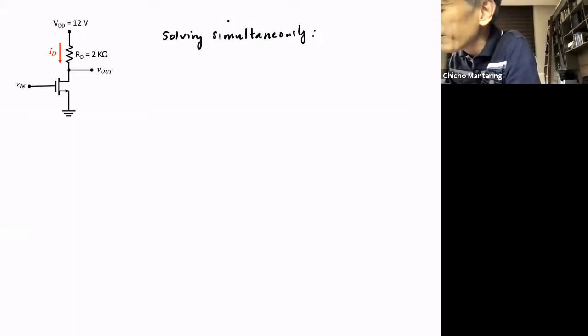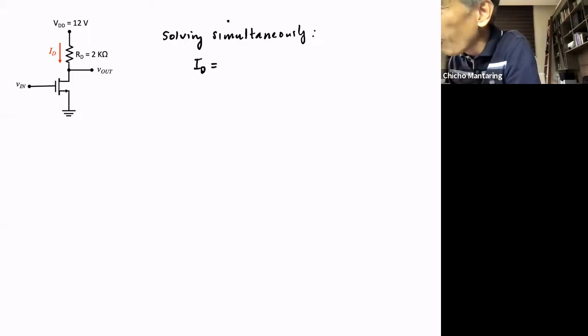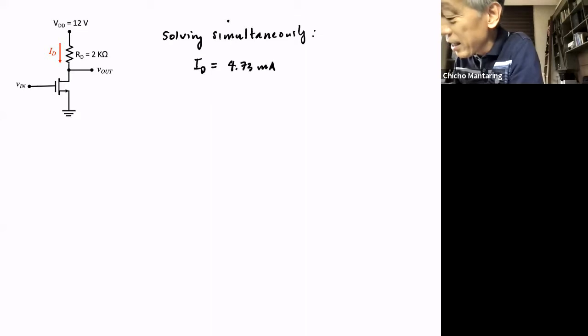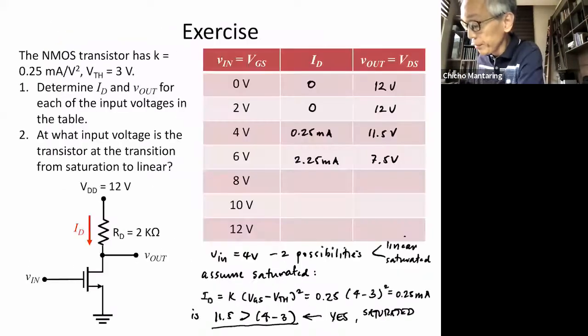I'm going to get ID is equal to 4.73 mA and VDS is equal to 2.53 volts. That's what I'm going to get.